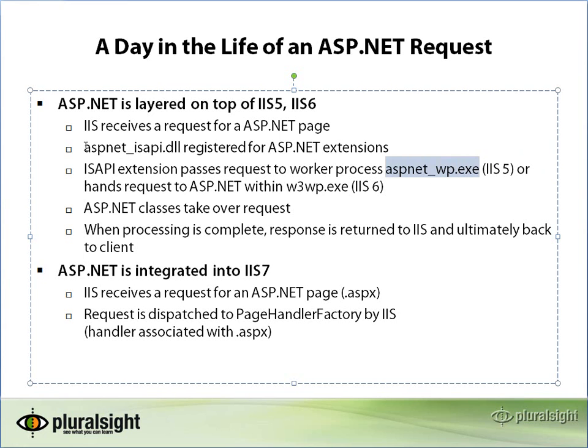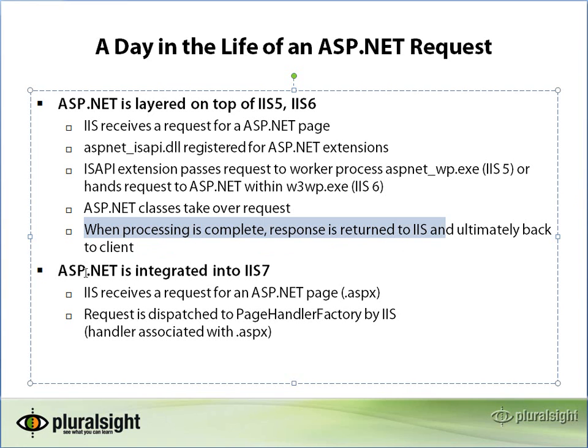But again, it will have had this ISAPI DLL registered for ASP.NET extensions. And then ASP.NET is going to take over. That's when the file is going to be parsed and turned into a class definition and invoked to process the request. And then when it's done, it's going to send the response back to IIS and ultimately return it to the client.